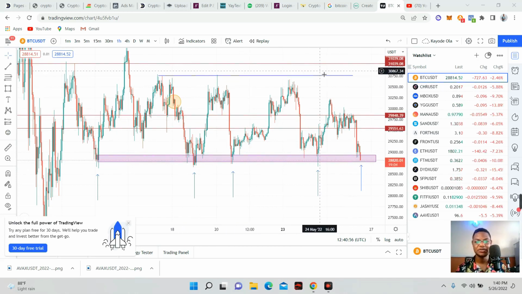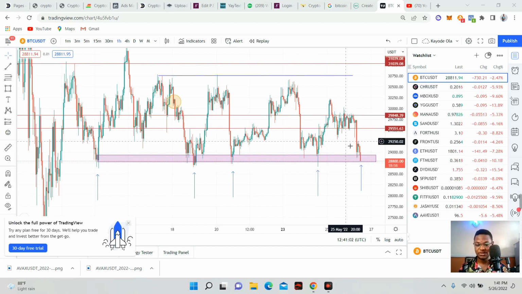Like I said, you must make use of risk management, which means that before you enter a trade, you must have calculated your stop loss and your take profit. It's important you know your stop loss, because I always say something and people tend to neglect it: your first job as a trader is to secure your capital.